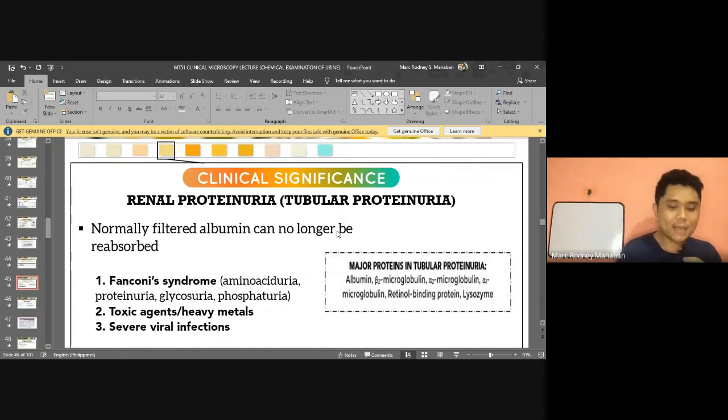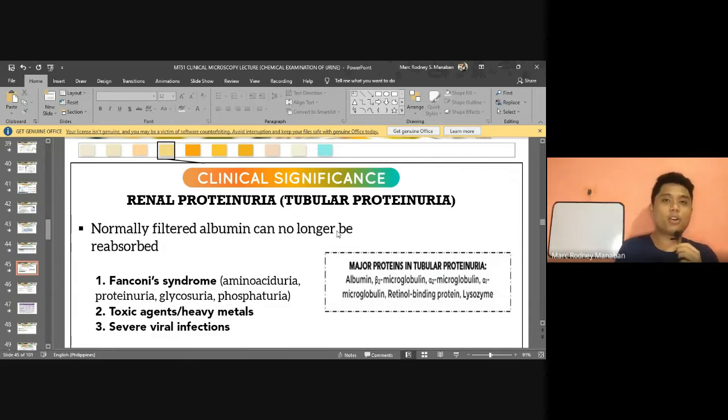All right. Now, the last type of renal proteinuria is tubular. Of course, the tubules are the problem. Instead of reabsorbing the filtered protein such as albumin, it cannot be reabsorbed because there's a problem with the tubules. One example is Fanconi's syndrome, which could be acquired or inherited, because of possible damage to the tubules or genetic damage to the tubules. The normally reabsorbed substances in the tubules are already excreted in the urine, such as your amino acids.